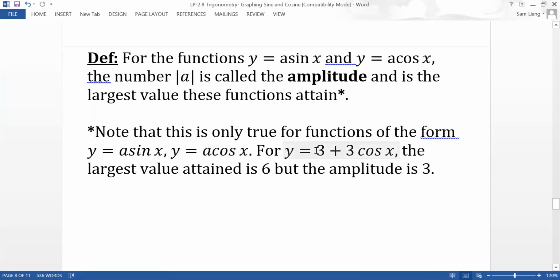For y equals 3 plus 3 cosine x, the largest value attained is 6, but the amplitude is 3. So this is only true for these basic functions like a sine x and a cosine x. It doesn't apply if we vertically shift the functions. So the amplitude is just the absolute value of a.